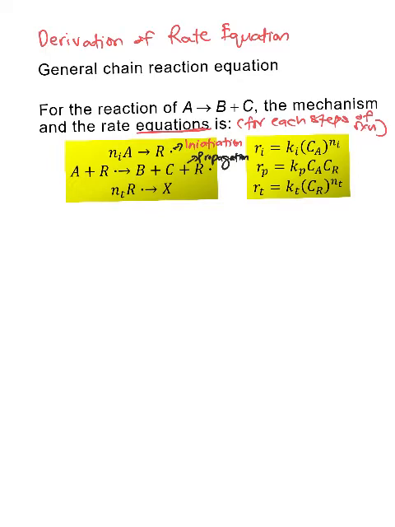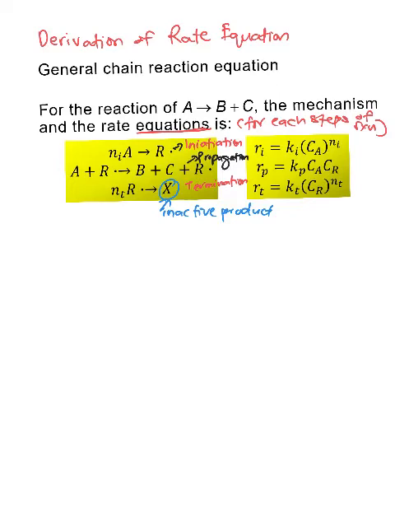So step number 3 is the reaction between the radical species that produces X, an inactive product. Therefore, the last step is the termination step, because the reaction involves radicals and produces an inactive product.